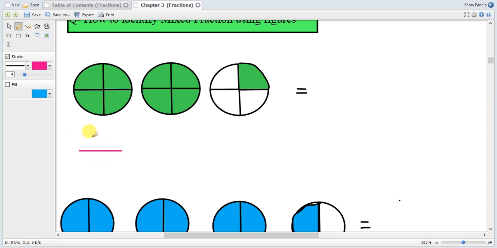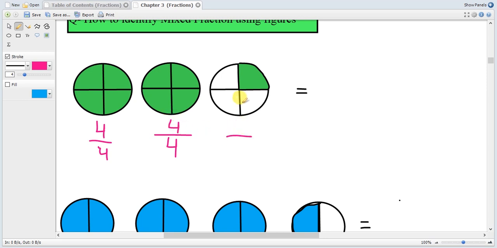Let me write it a little bit small. So this is 4 over 4. Okay, moving on to the second one. This also has a total of 4 slices, and how many are green? All of them.